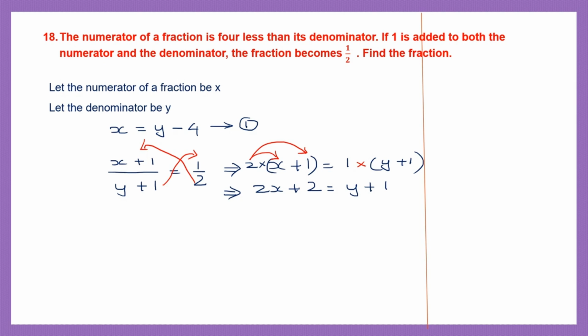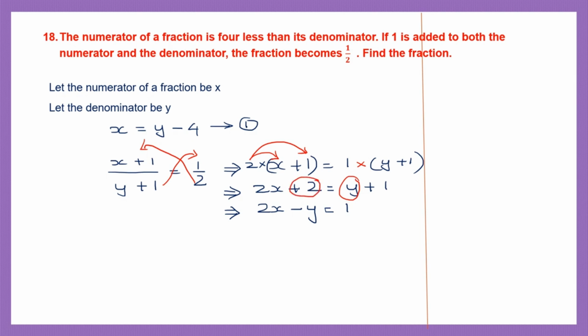So now let's get all the variables to one side and all the constants to the other side. So the variables are 2x and y. So 2x, I'm going to leave it here as it is. I'm going to transpose this y to the left hand side. So it's going to become minus y. On the right hand side, I already have 1 and I'm going to transpose this plus 2 to the right hand side.